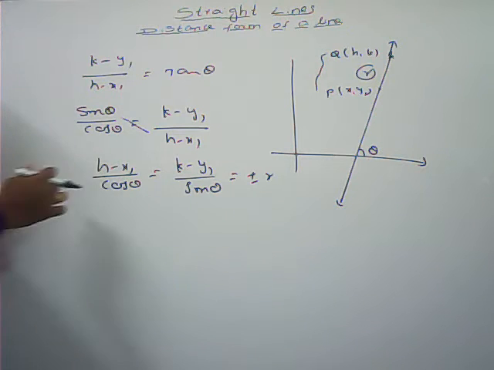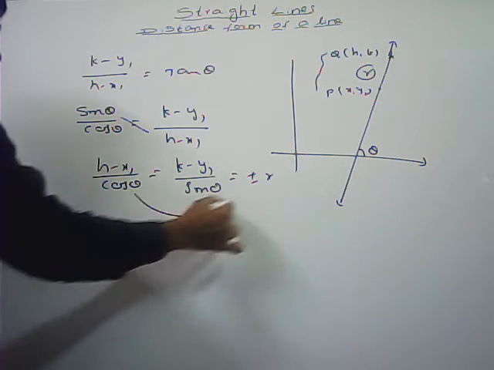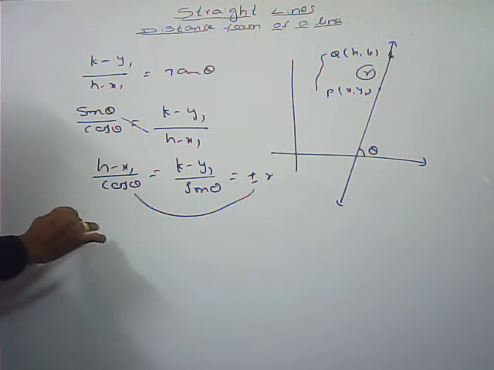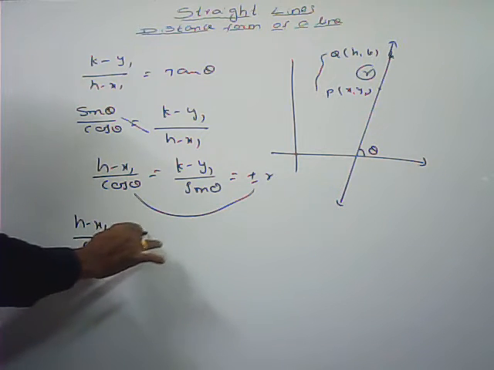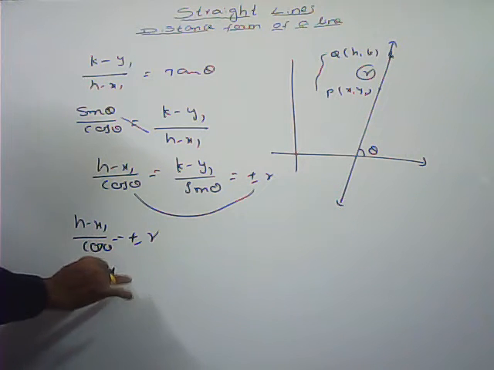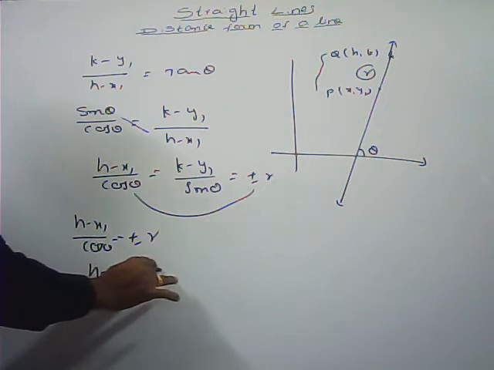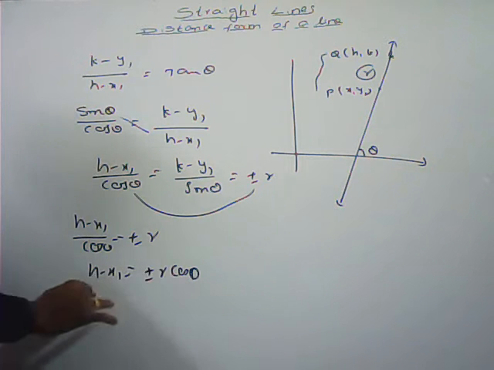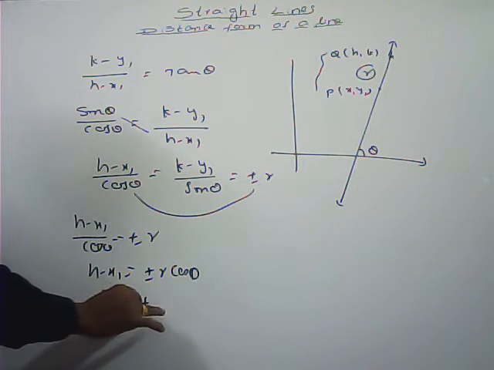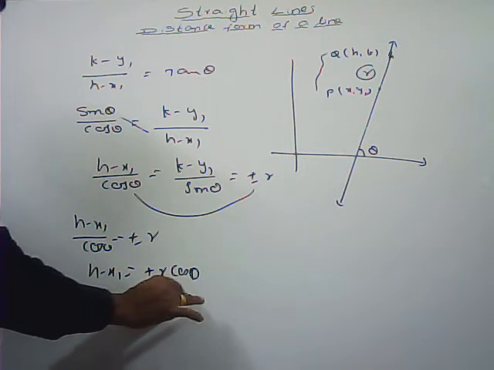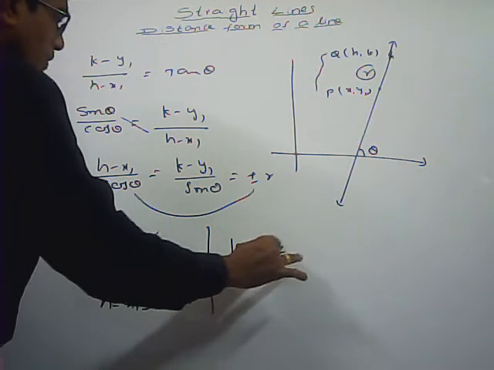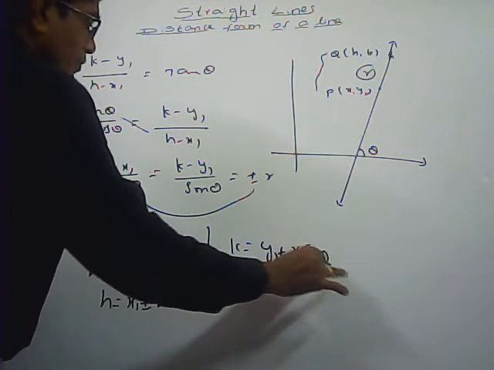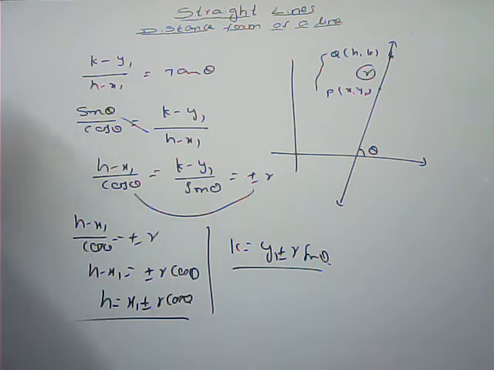So here I can write the parametric equations: (h minus x1) by cos theta equals plus or minus r, so h minus x1 equals plus or minus r cos theta, and h is equal to x1 plus or minus r cos theta. Similarly, k is equal to y1 plus or minus r sin theta. These are the parametric equations only.